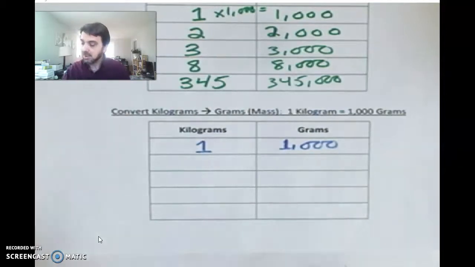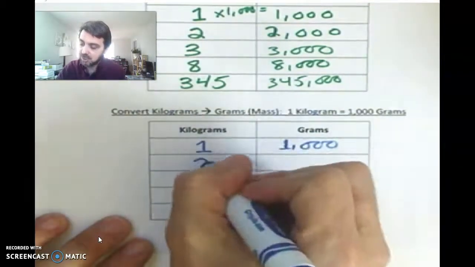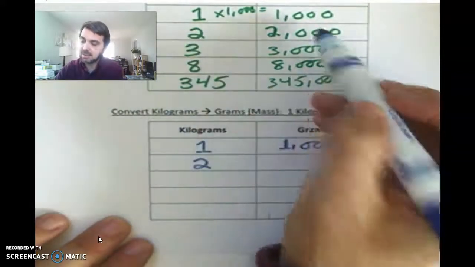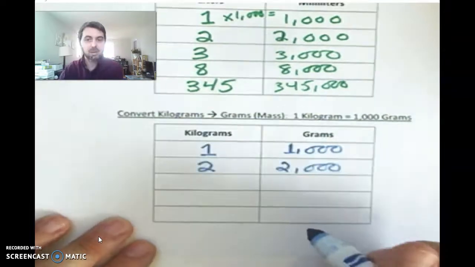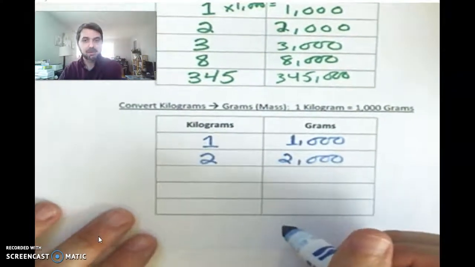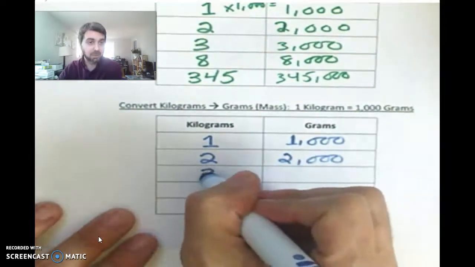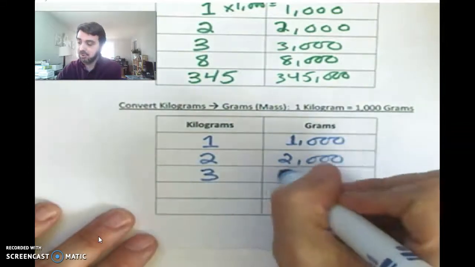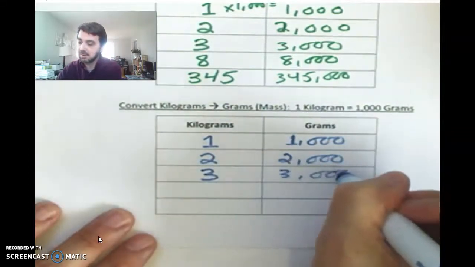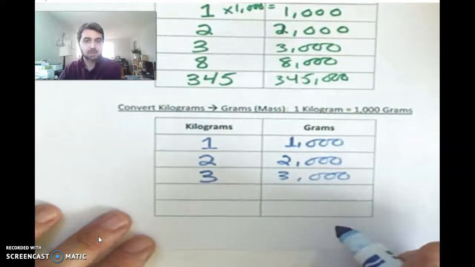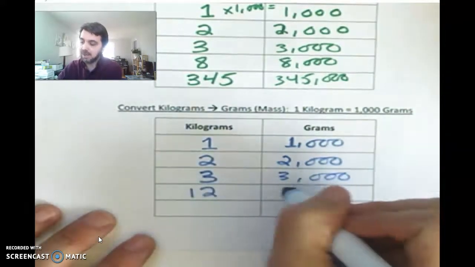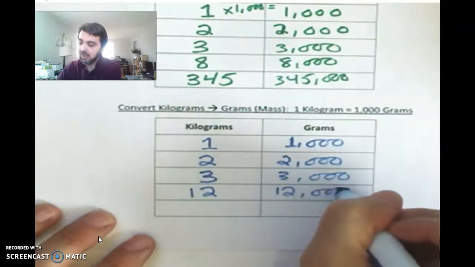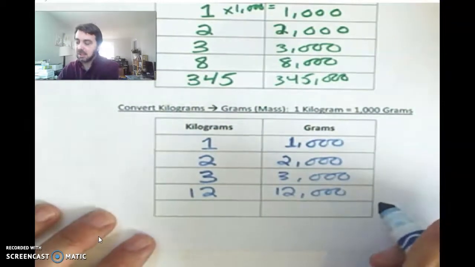So 2 kilograms, just like liters and milliliters, would be 2,000 grams. And 3 kilograms would be 3,000 grams. And if we had 12 kilograms, that would be 12,000 grams.